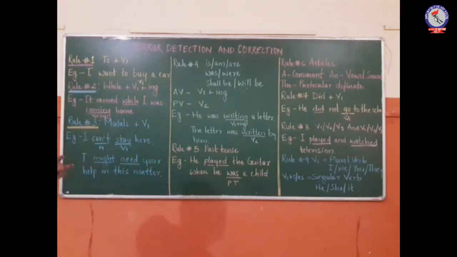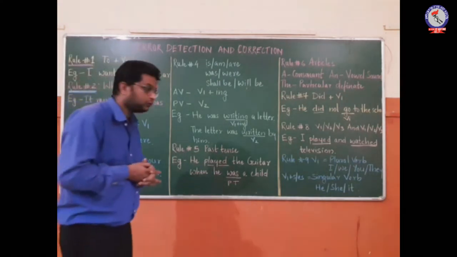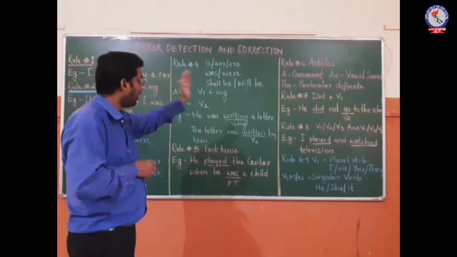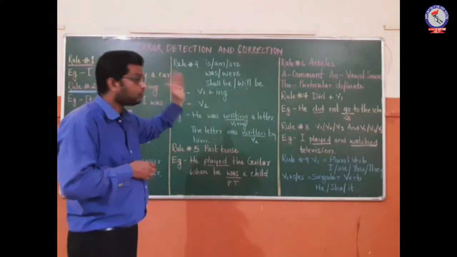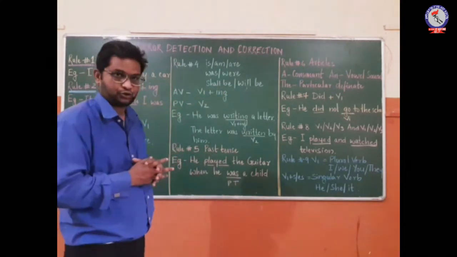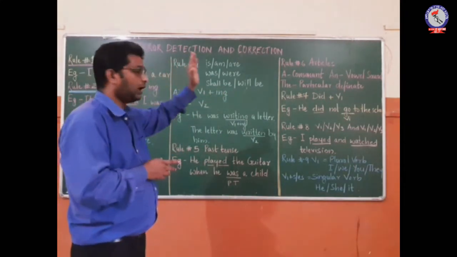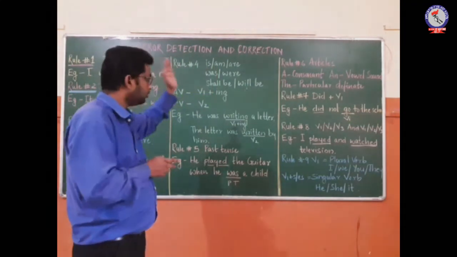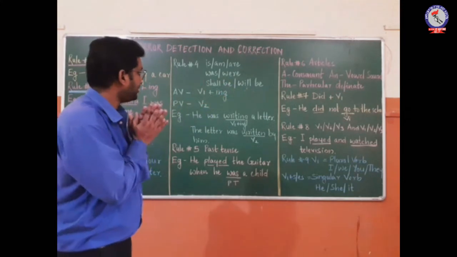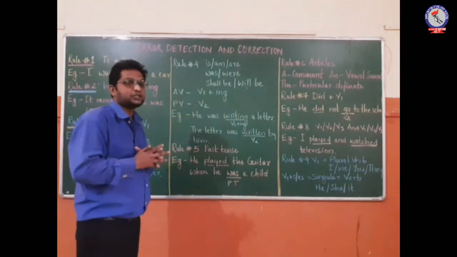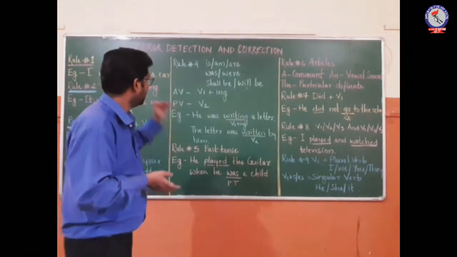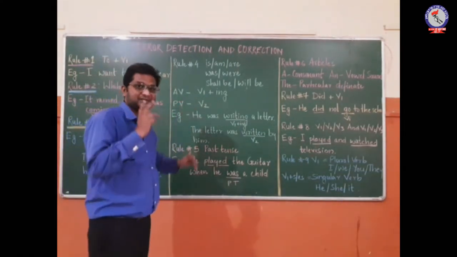Now let's move on to rule number 4. Rule number 4 is am, is, are, was, were, shall be, will be. Now with all these terms, am, is, are, was, were, shall be, will be, we can use verb first form plus ing and verb second form.